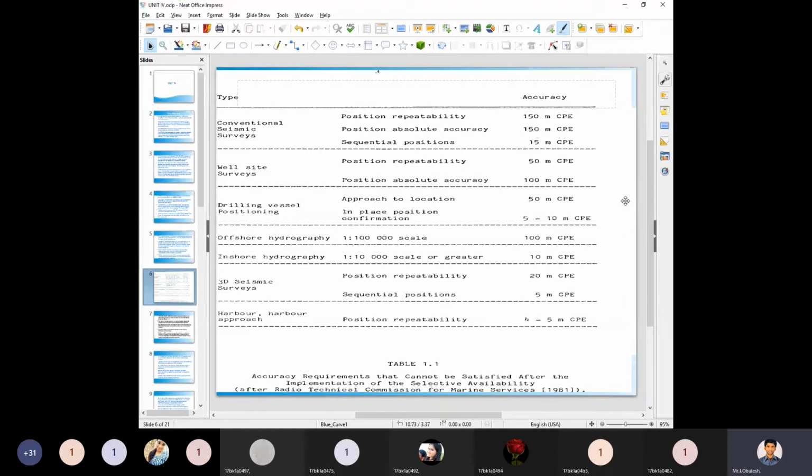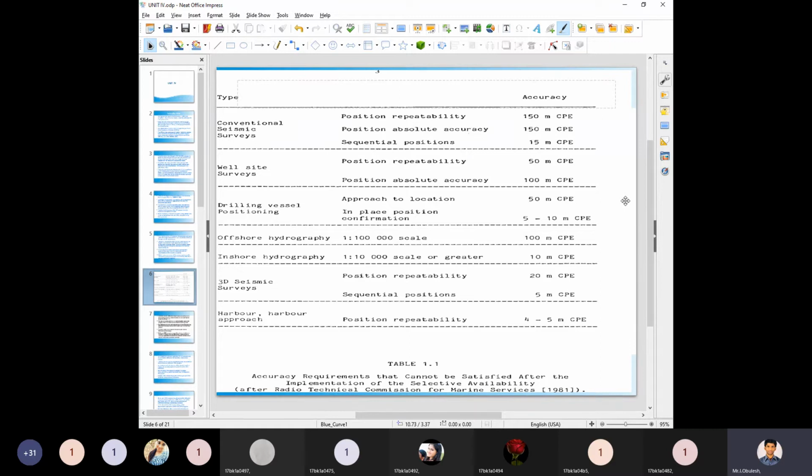In position repeatability, the accuracy is 20 meters CP, and for sequential positions, the accuracy is 5 meters CP.